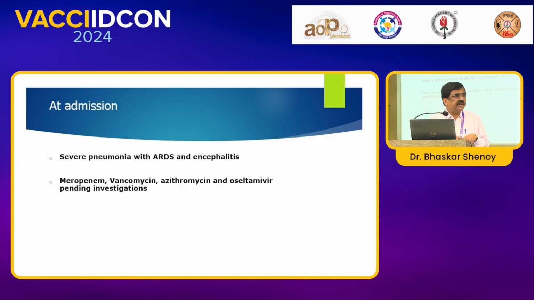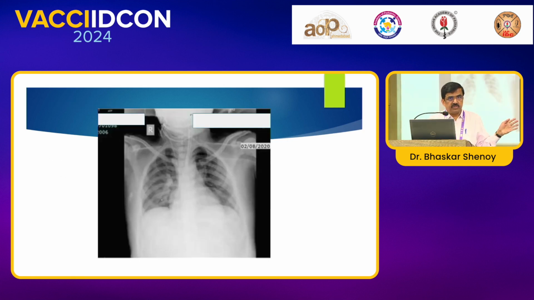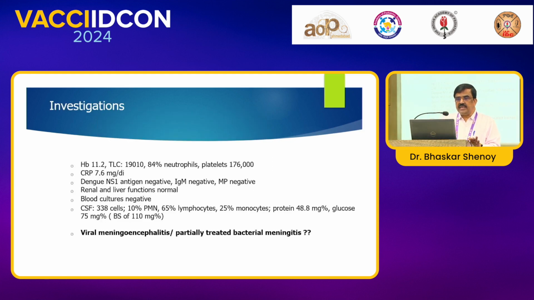The initial working diagnosis was severe pneumonia with ARDS and encephalitis, and they continued the initial antibiotics pending investigations. This is the X-ray which you can see, looks more like ARDS, and these are a few investigations. The CSF showed more lymphocytes and glucose of 75. And we thought it is a viral meningoencephalitis or a partially treated bacterial meningitis.